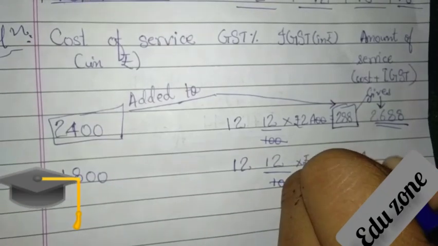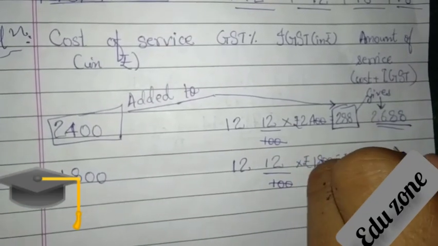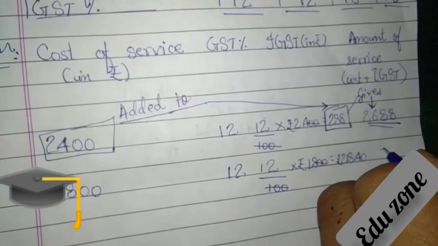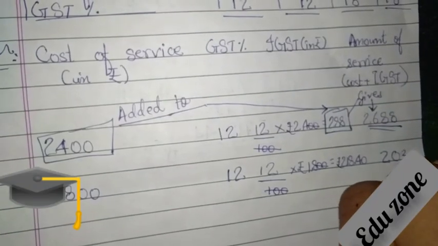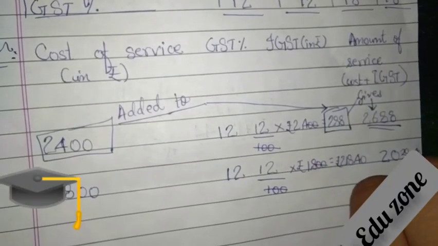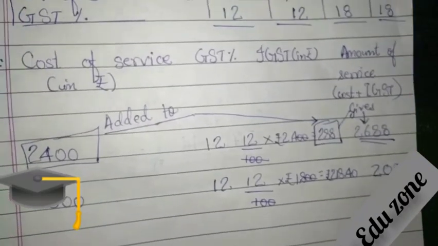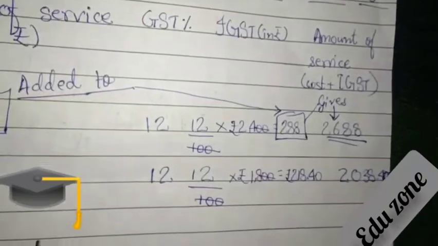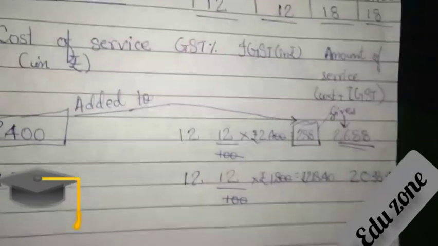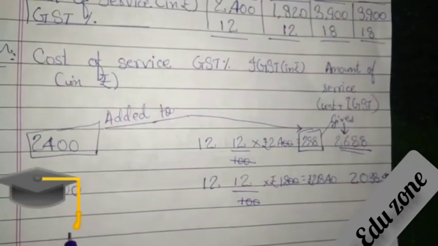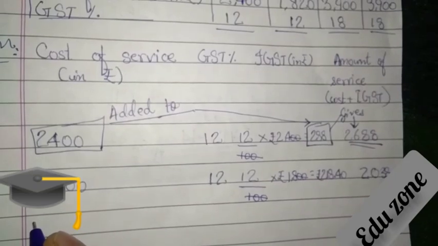And the amount of service. So amount of service, what? Amount means amount of bill. Bill means the amount paid, na? And the amount paid by the customer is the sum of the cost of service, means the MRP, and the tax charged by the dealer.